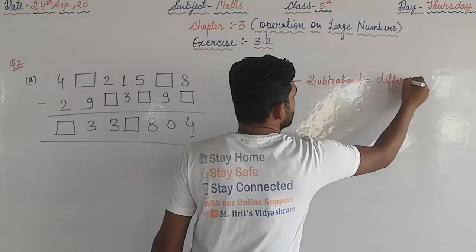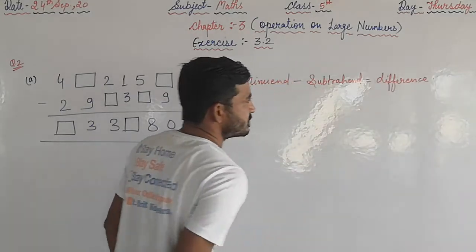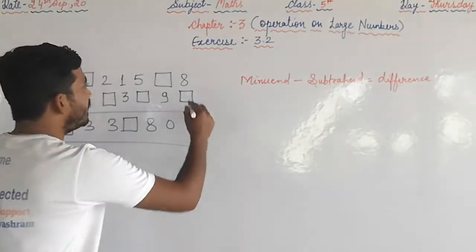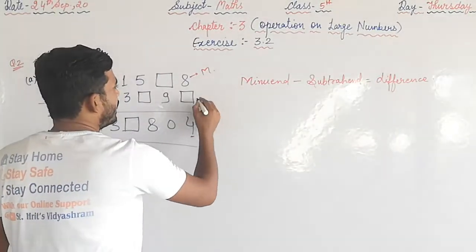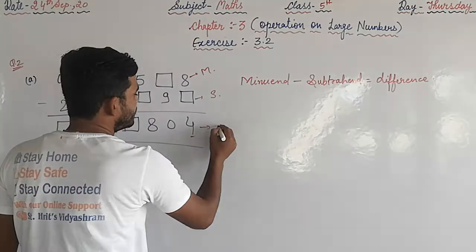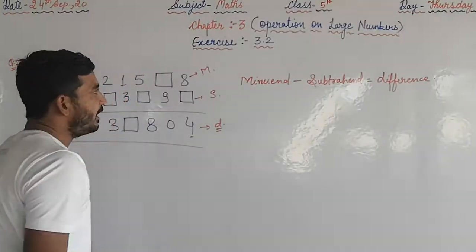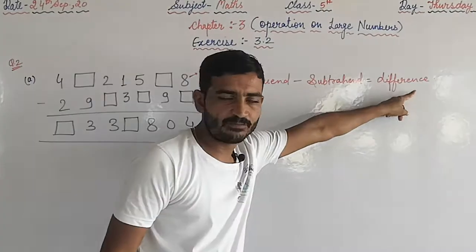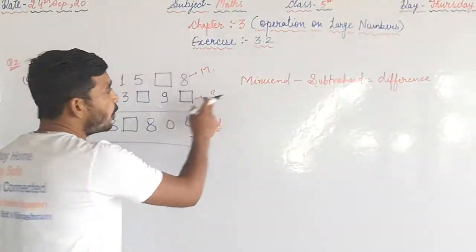That is difference. These formulas we already discussed in our lectures. This one is the minuend, this is the subtrahend, and this is your result, that is the difference. If you subtract the subtrahend from the minuend, what you get is the difference. Here, what do you have to find?